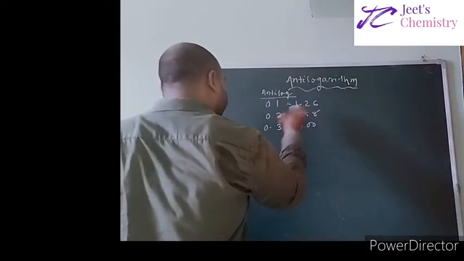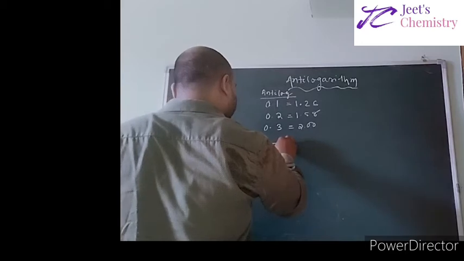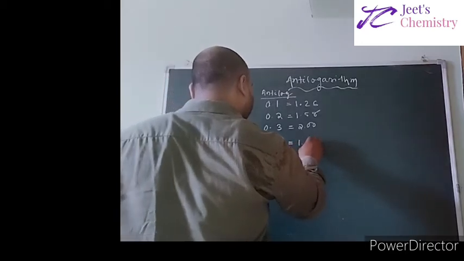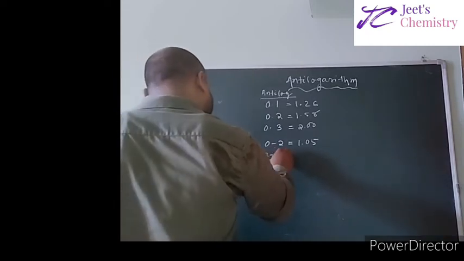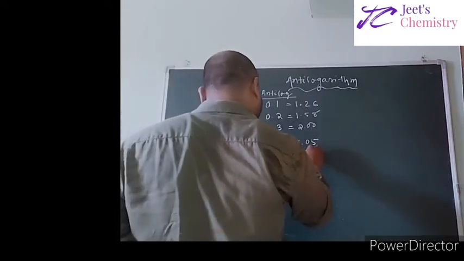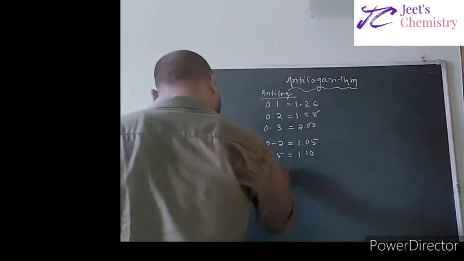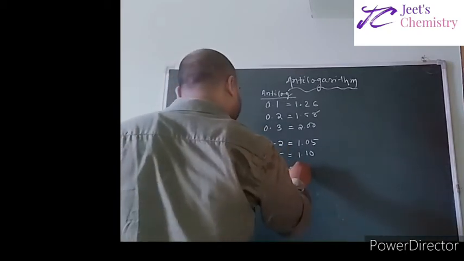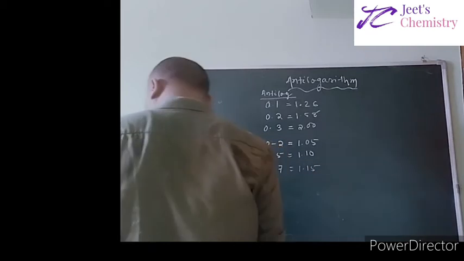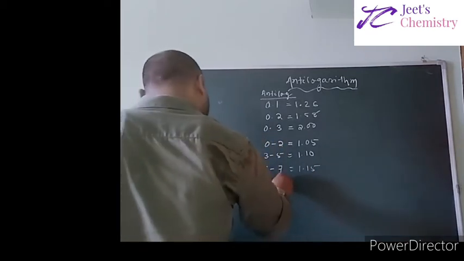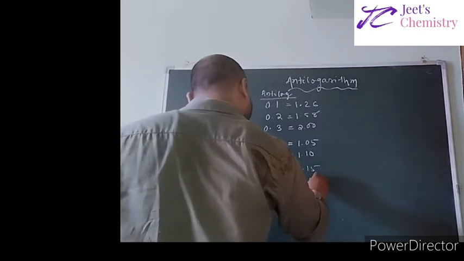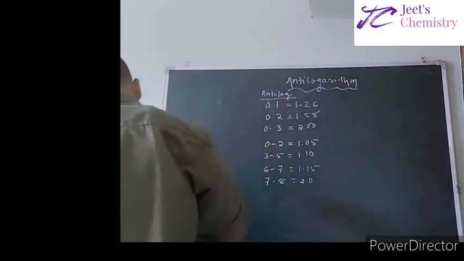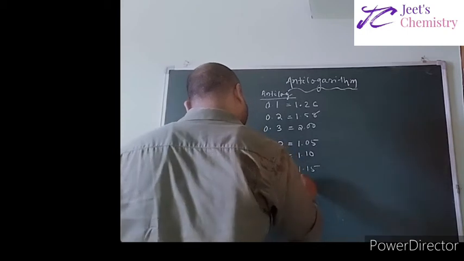And for the second digit, 0 to 2 we will say 1.05, 3 to 5 we will say 1.10, 6 to 7 we will say 1.15, 7 to 8 we will say 1.20.